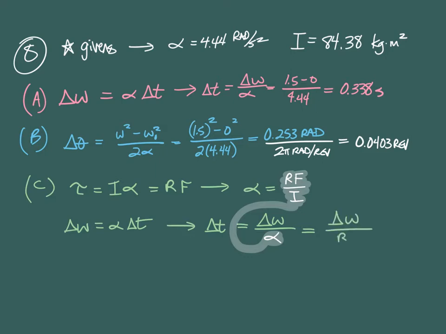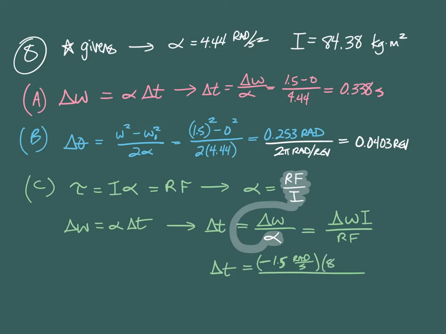over R F I. So now delta T will be, basically I go final speed minus initial, so this is going to be a negative 1.5 rads per second for that delta omega.